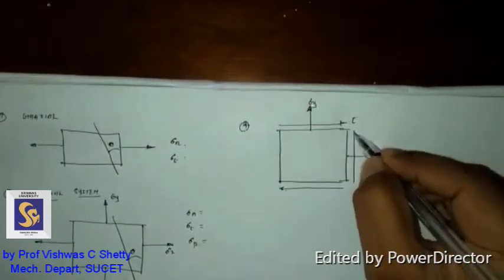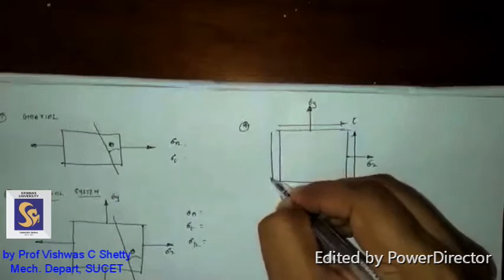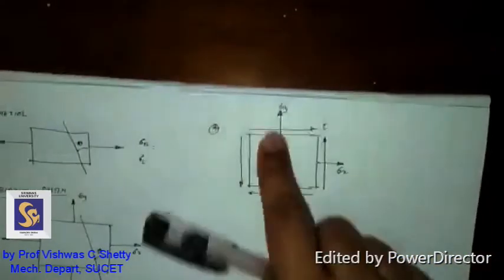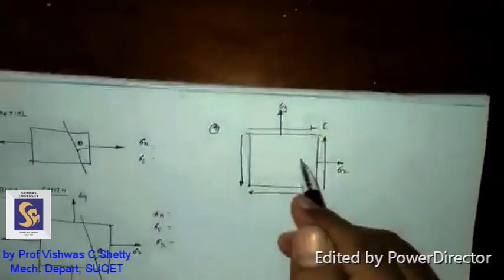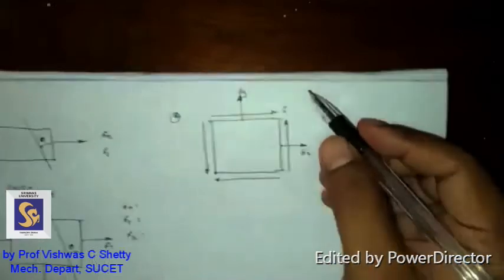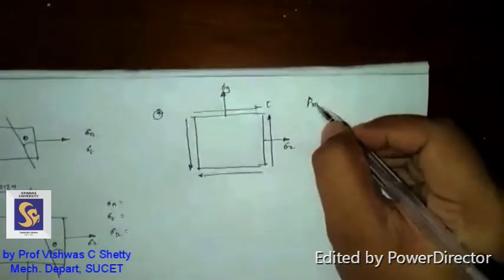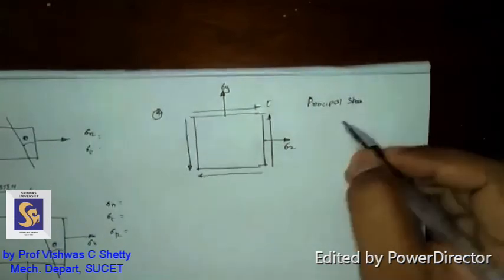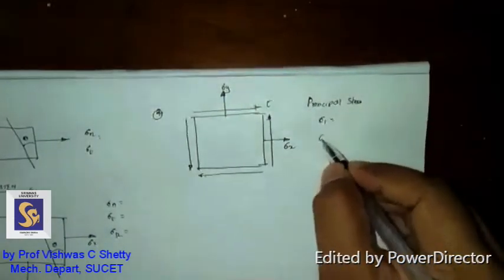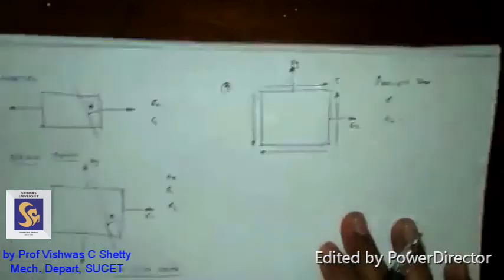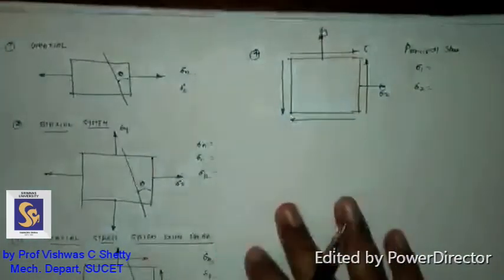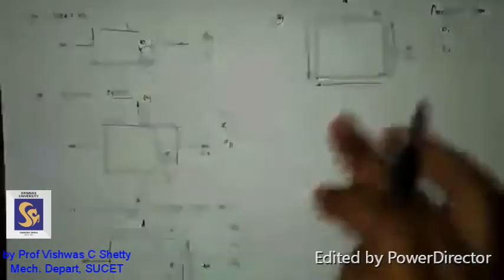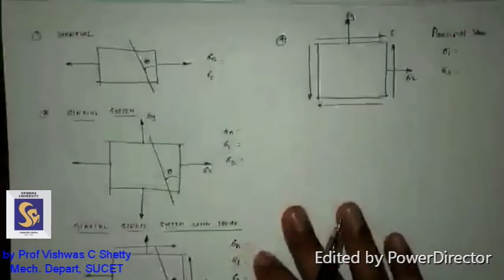Oblique plane is not there in this case because we are going to calculate the principal stresses. So you have to find out the principal stress equations and their angles. Principal stress equations, sigma 1 and sigma 2, you just now solved. Is it okay? These are the four categories of problems you can get in this.